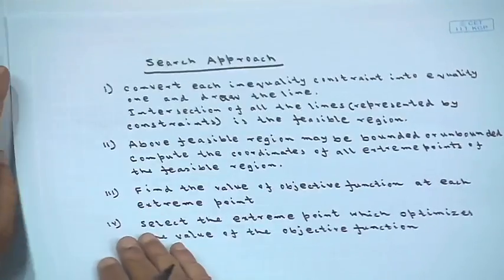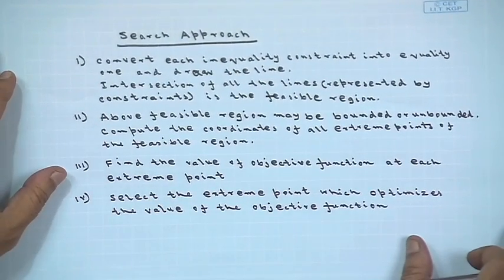So, for finding the solution of an LPP graphically, we will use an objective function which consists of two variables only. There are two methods basically: one we call the search approach and the other we call the ISO profit or ISO cost function approach.